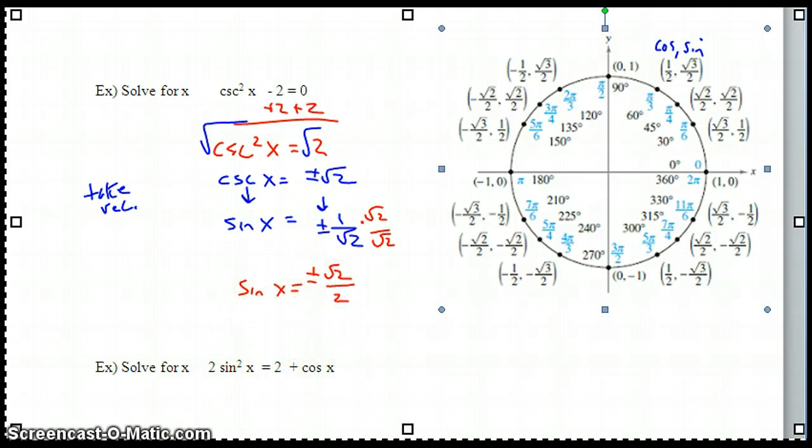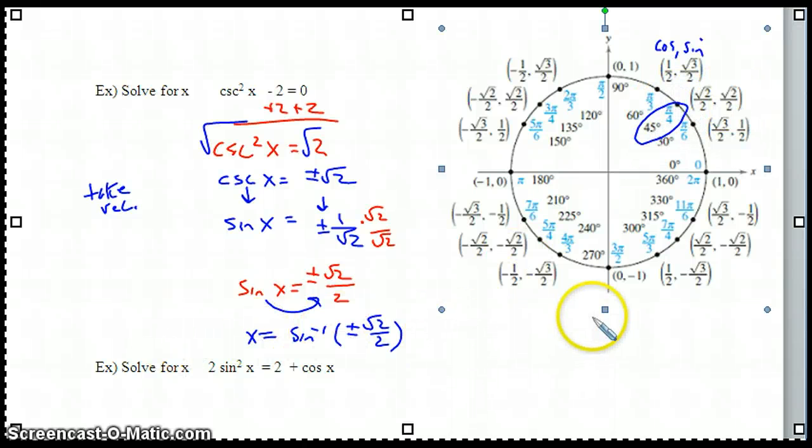And so that's really what I'm looking for now. So if I solve for sine, I want to move the sign away. I'm looking for angles that have either a positive or a negative square root of 2 over 2 as their sine value. So if we look at our unit circle, square root of 2 over 2 for the sine would be 45 degrees. It could be 135 degrees.